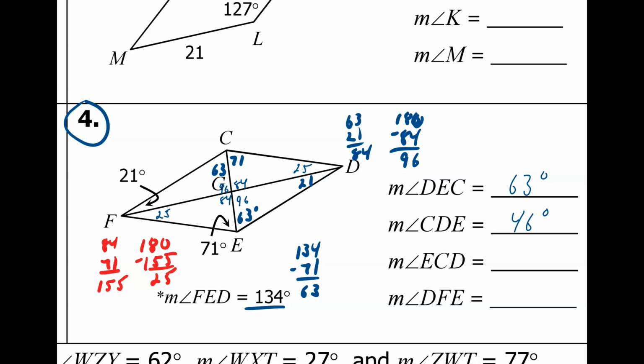Angle ECD. ECD is this angle up here. It's 71. And angle DFE. DFE is all the way here. That's the 25. Okay, that's an introduction. The next part of this is going to involve some algebra.